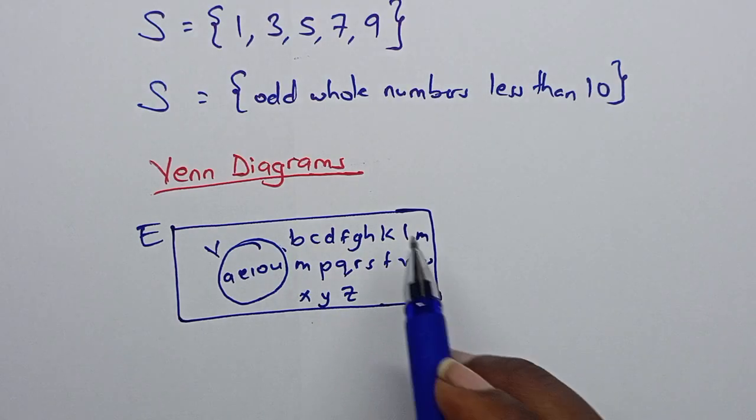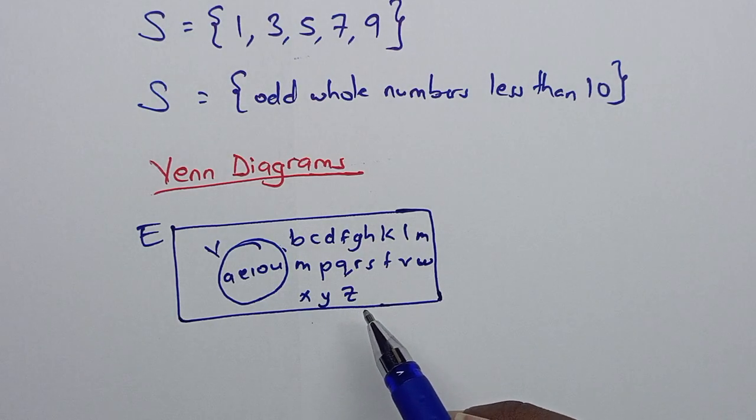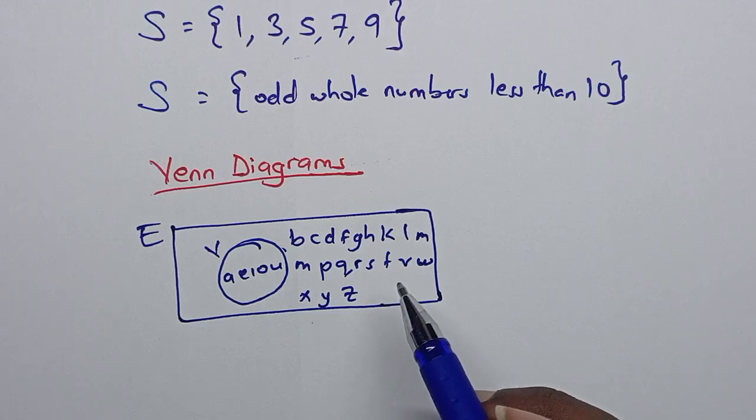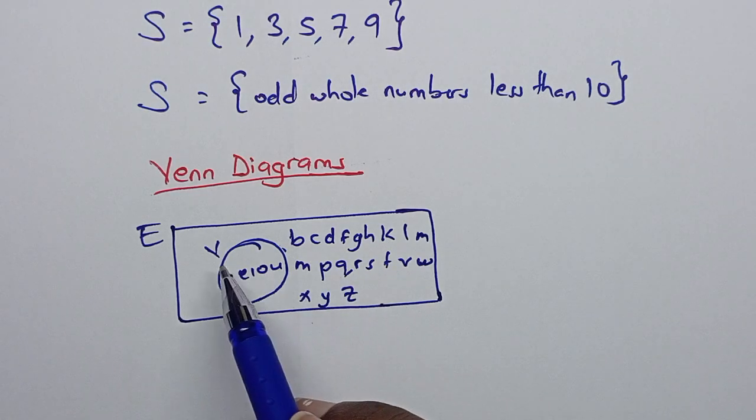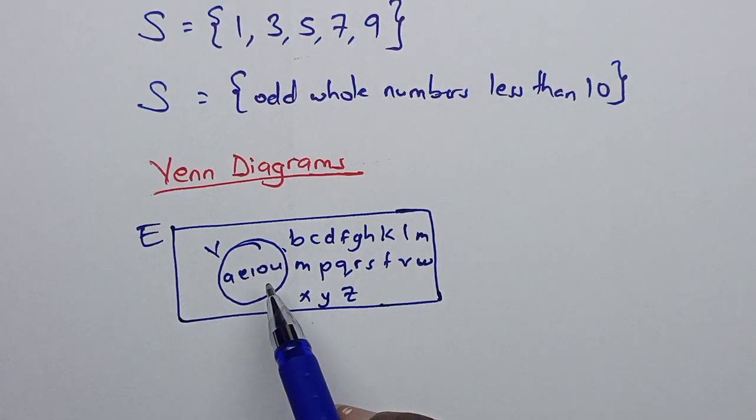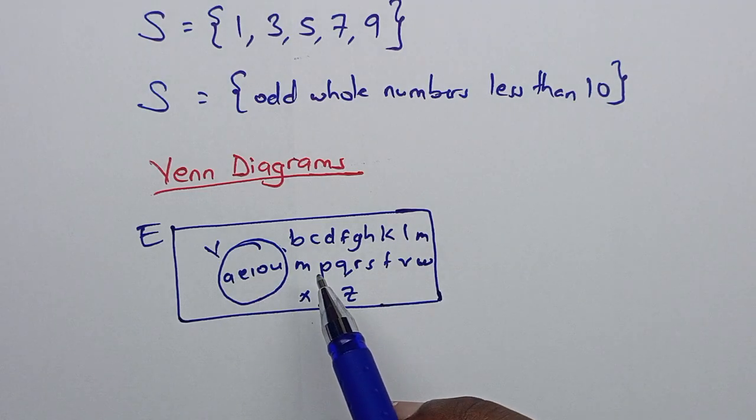Now, the universal set is comprised of elements which are letters of the alphabet. So, the universal set has all letters of the alphabet, while set V is the set of vowels.